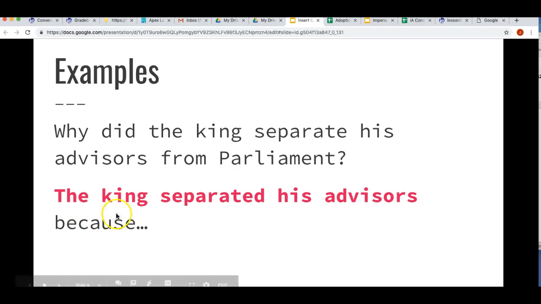But this gives you an idea of how you write the complete sentence with a why question. The king is the subject, separated is the verb. Here is the rest of the answer, his advisors, because, and this is where you would enter the explanation, okay?